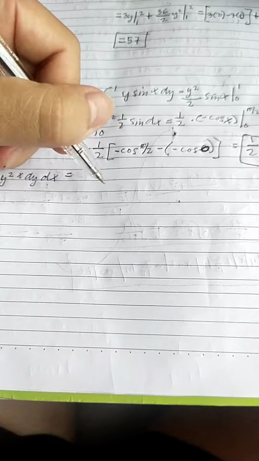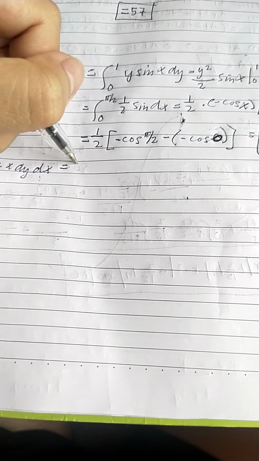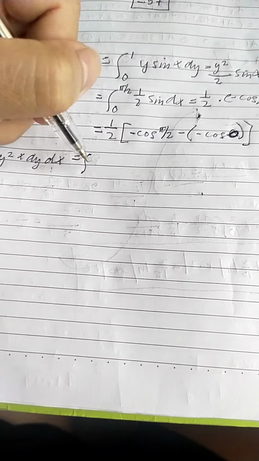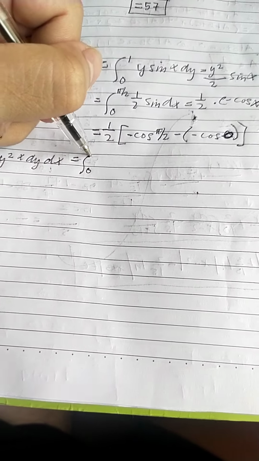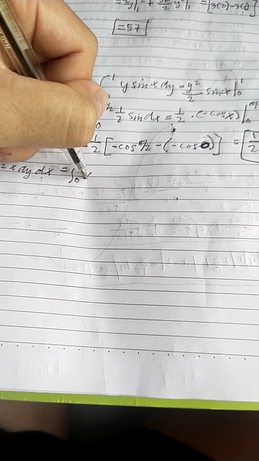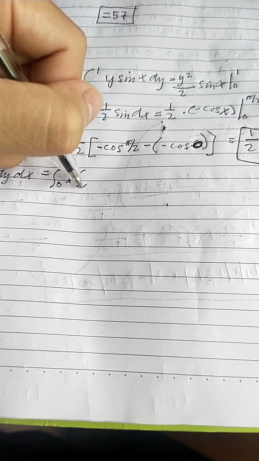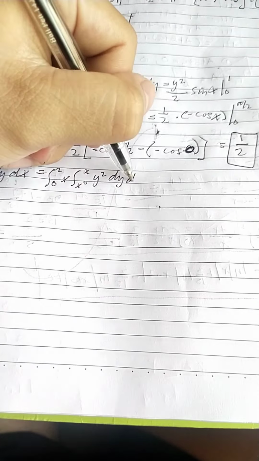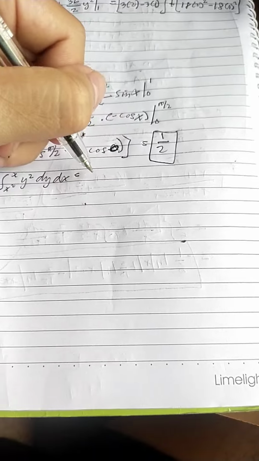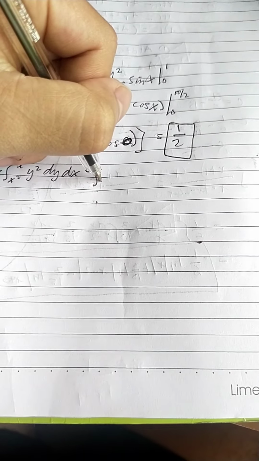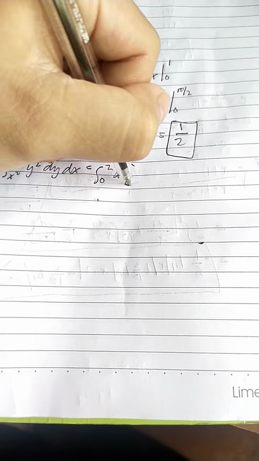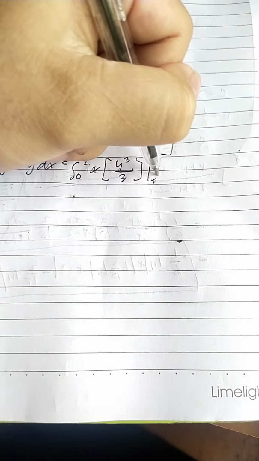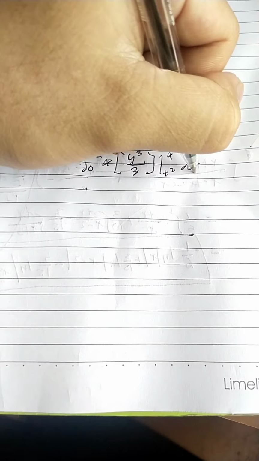So it is equals to the integral from 0 to 2 x, then integral of x squared to x, y squared dy dx is equals to the integral of 0 to 2 x y cubed over 3 from x squared to x dx.